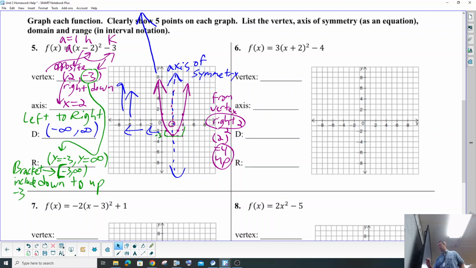It starts at -3 and we include -3. Infinity we can't include because it just keeps going on forever. Sorry, just talking too much during class today. So there's our domain, and there's our range.